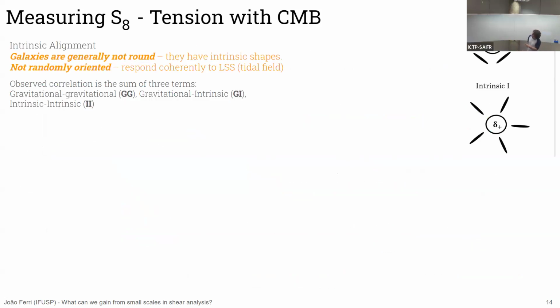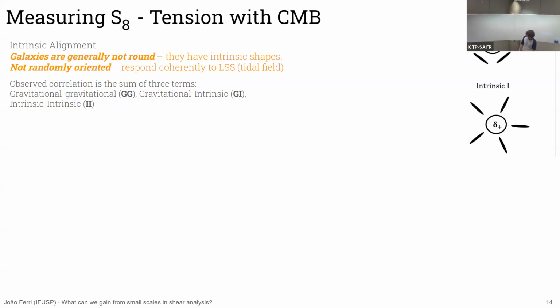So let's try to understand what's going on with both of these probes. First of all, what is intrinsic alignment? It's a very simple idea. It's basically the fact that galaxies are not round. They have intrinsic ellipticities, and in general, they are not randomly oriented.